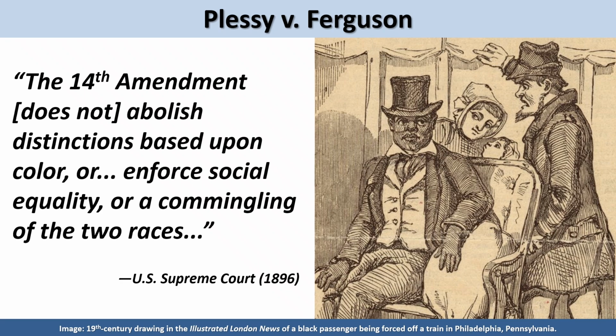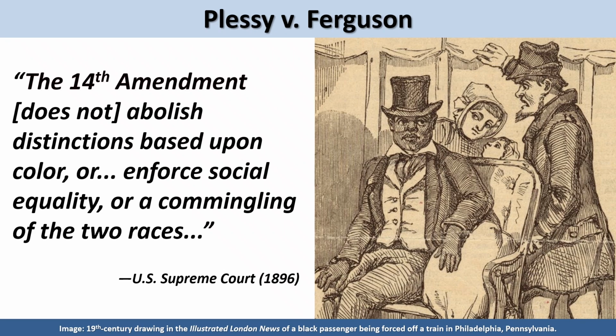In Plessy v. Ferguson, Black Americans argued that as U.S. citizens, they had the same right of access to transportation as white citizens. The state of Louisiana had made a law requiring Black passengers to ride in train cars separate from those used by white passengers. If Black passengers tried to use a whites-only car, they were subject to a penalty.